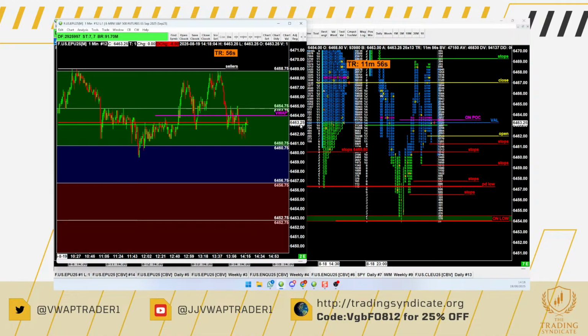There's about four concepts from market profile: poor highs, poor lows, where the inventory is, and single prints.